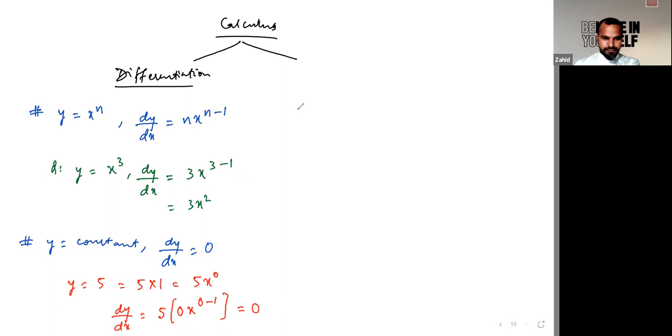Next, if y equals sine of x, cos x, log of x, e raised to x. So dy/dx of sin x is cos x.